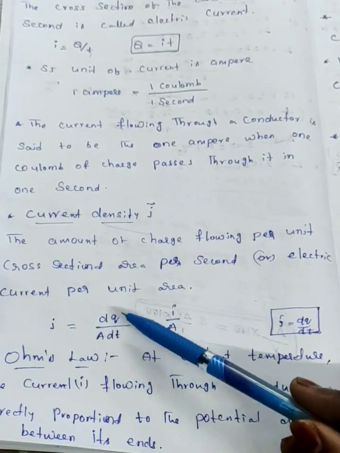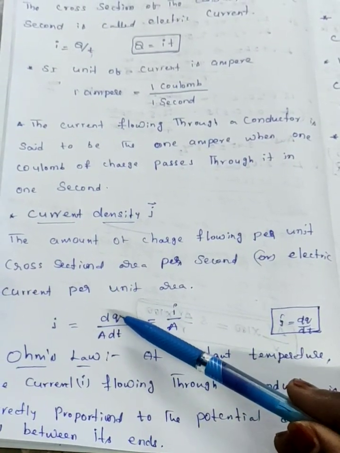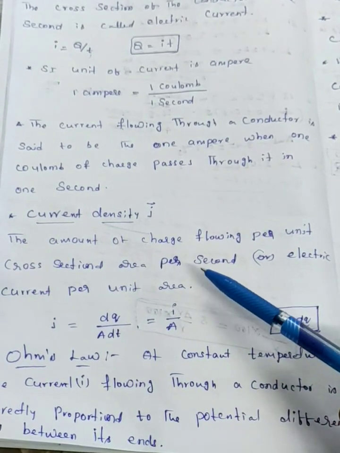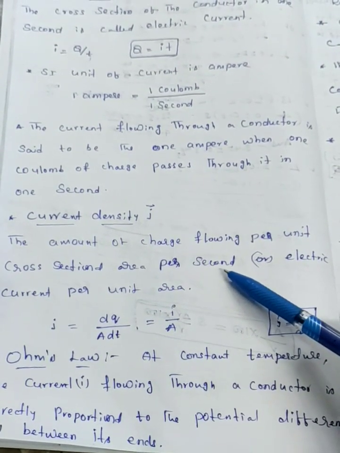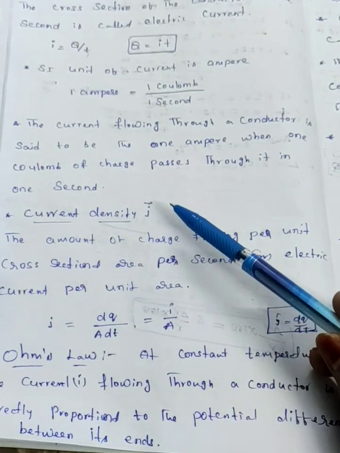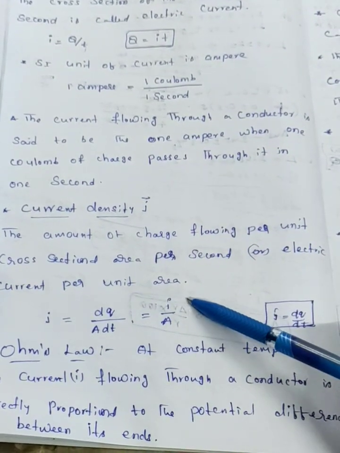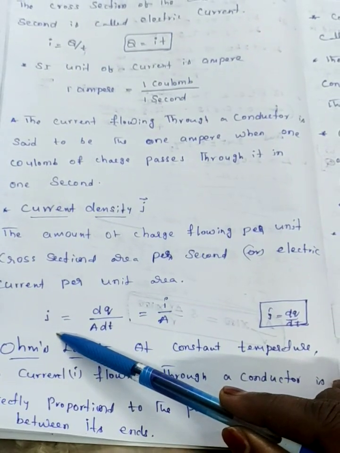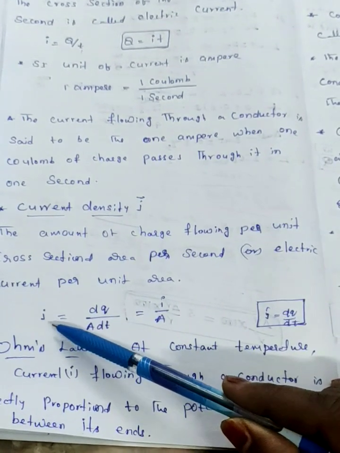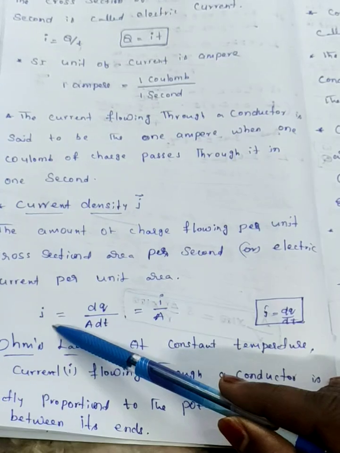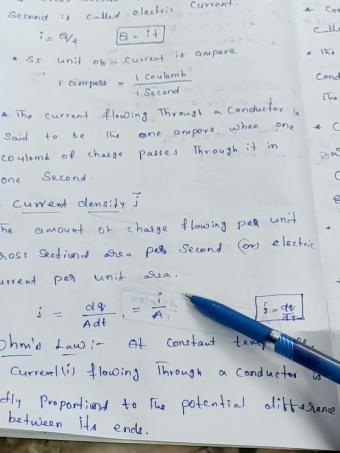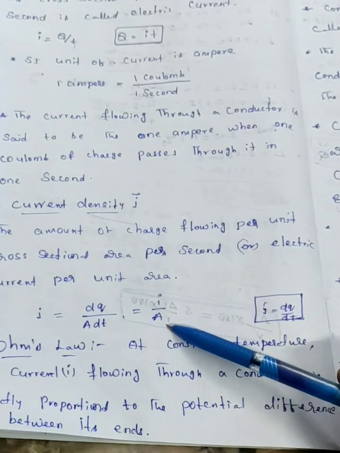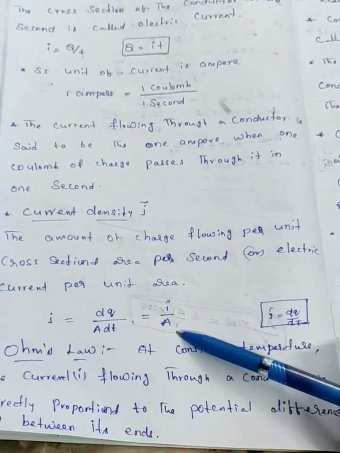Using this formula, total charge flowing per unit area per second is called current density. Otherwise, electric current per unit area is also current density. The SI unit of current density is ampere per meter square, since cross-sectional area means meter square.